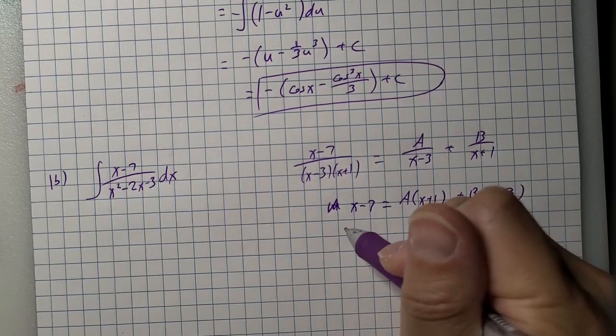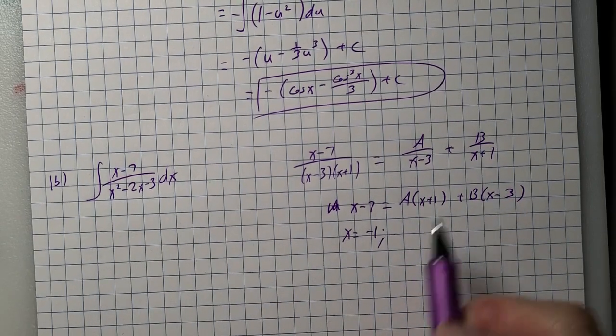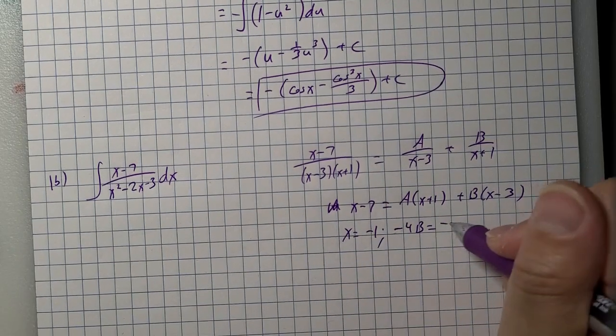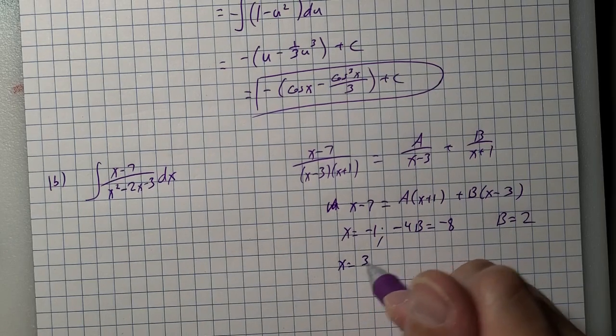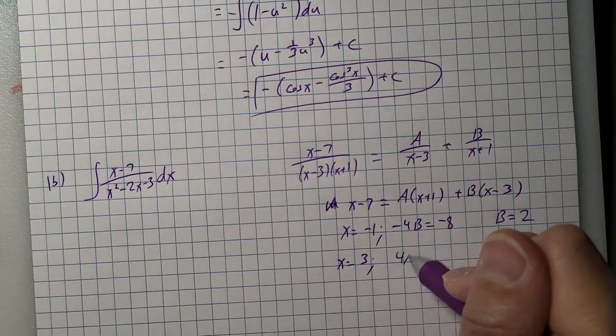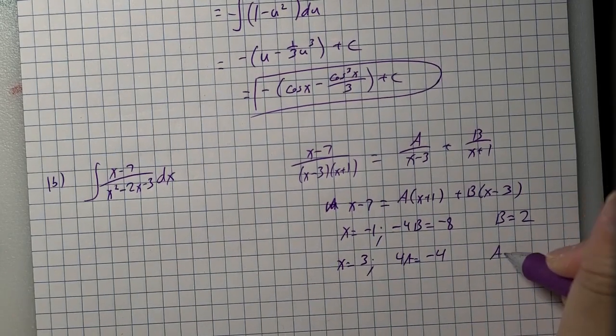The quick way to do it here, we plug in x is minus 1, because this guy would go away. Then we're left with minus 4B is equal to, what's this side? Minus 8. So B is equal to 2. We plug in x is equal to 3 because this guy would go away. We get 4A is equal to minus 4. Okay, so A is equal to minus 1.